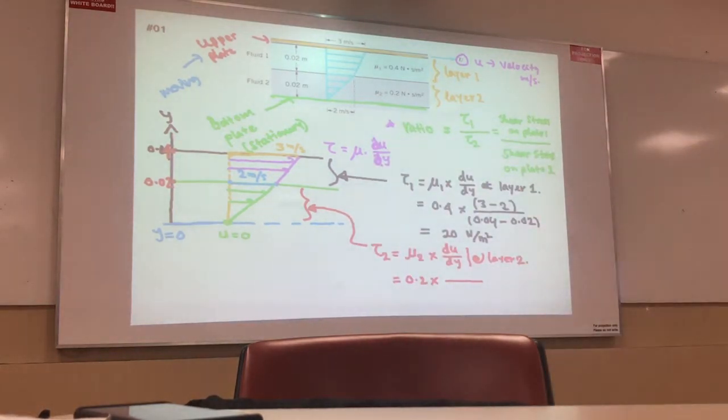Then I can write this becomes 2 minus 0 on top and the bottom is 0.02 minus 0. Then I can get tau 2 becomes 20 Newton per meter square. So what is the ratio? 1, right? Tau 1 by tau 2, 20 by 20, 1. This is the answer.